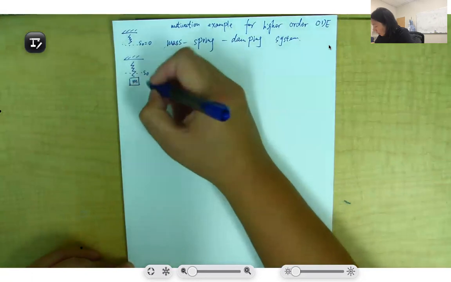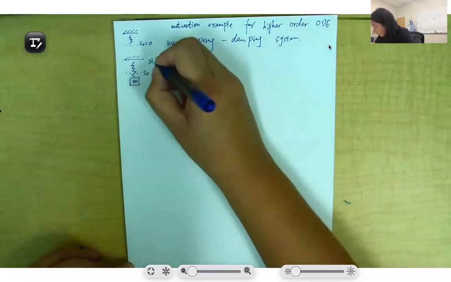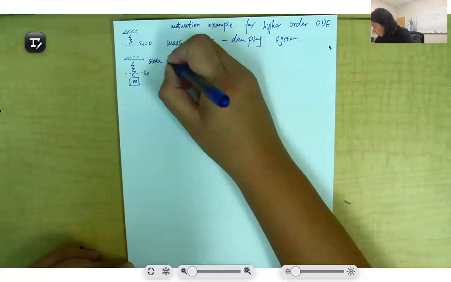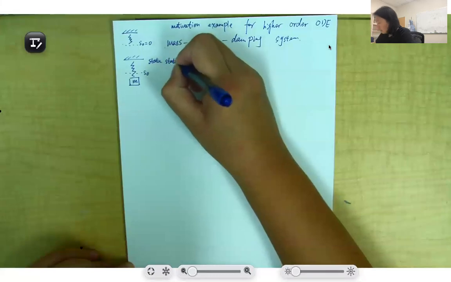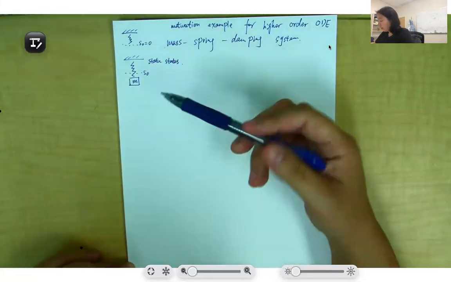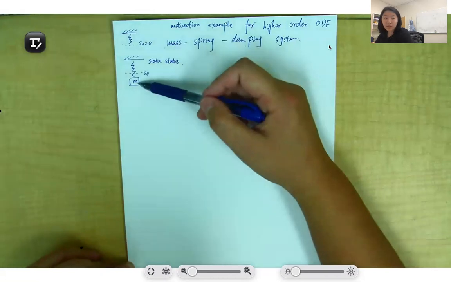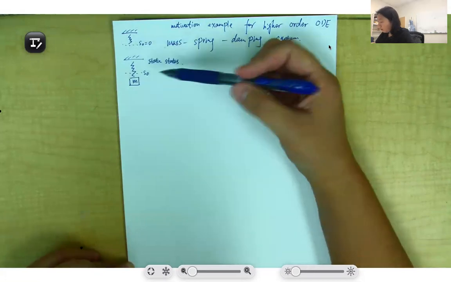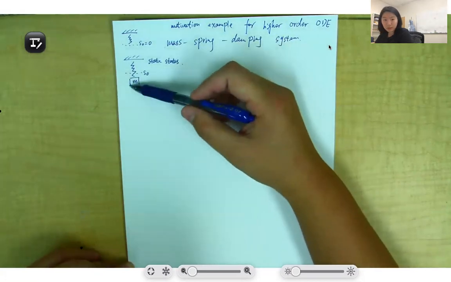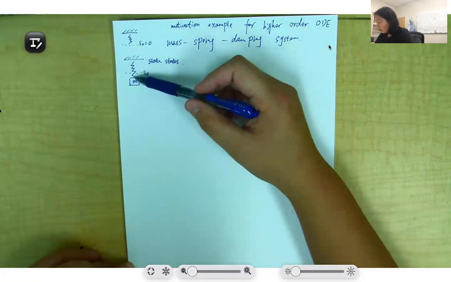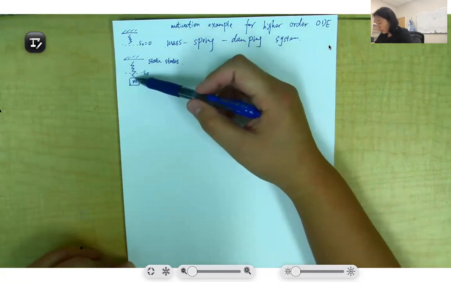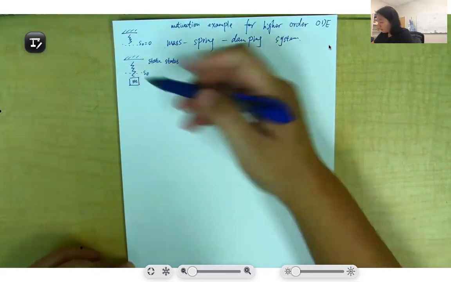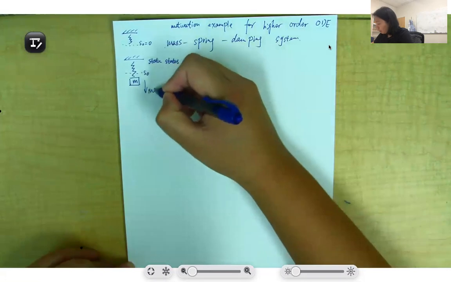And this is the static status, meaning after it's connected with this mass, it has already reached its equilibrium. For this subject, it has two forces. One is the gravity, which is mg.